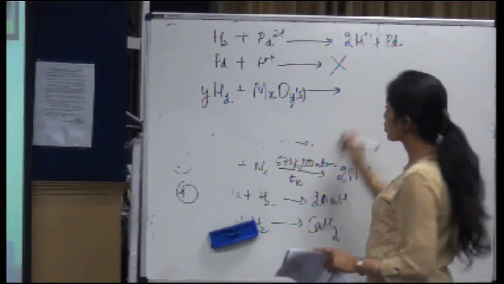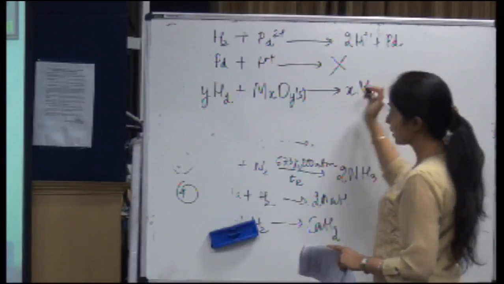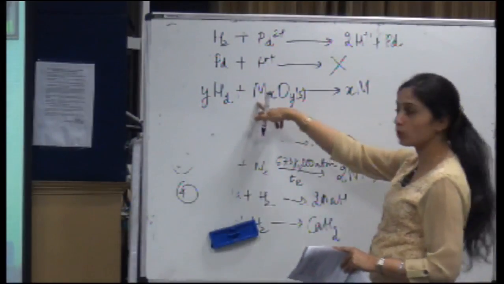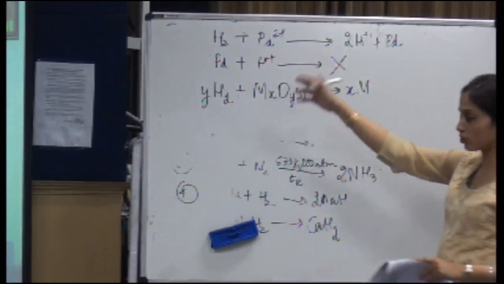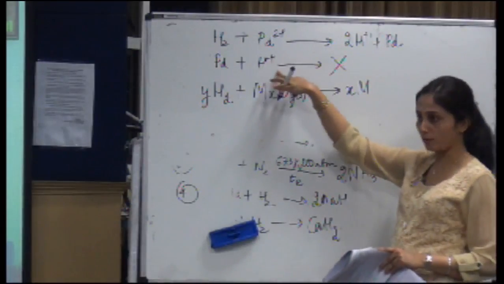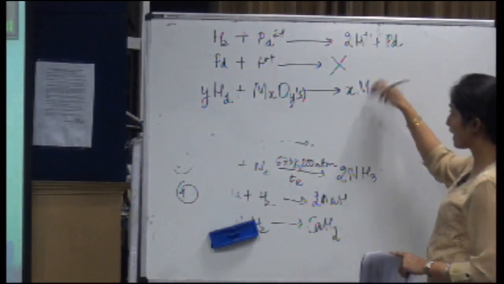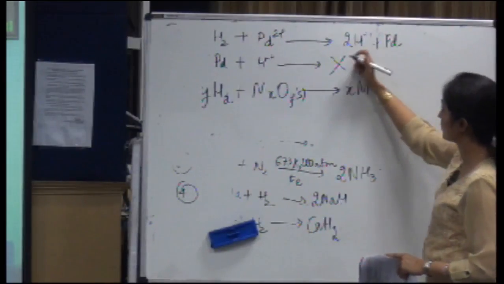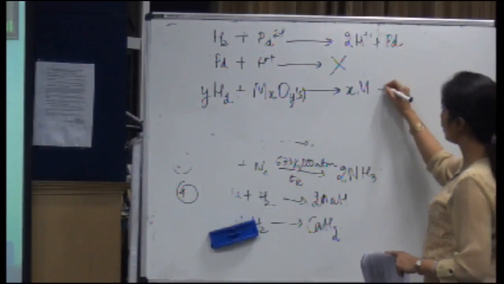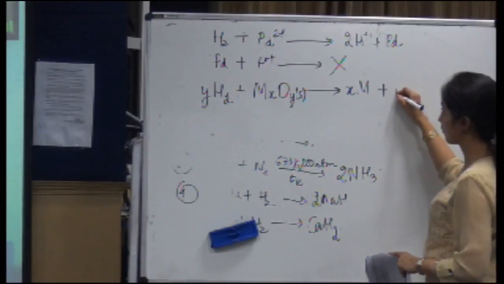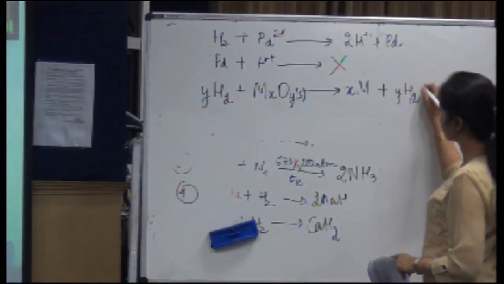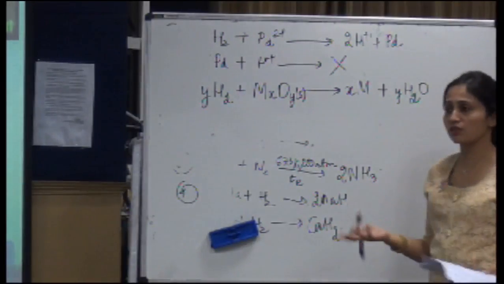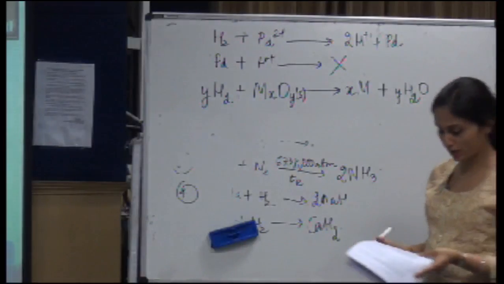Water. So you will have x of M getting separated, because it's in the My+ form. So you get xM plus y H2O, because your H2 is getting consumed. Just a general reaction that you can otherwise cater to easily.